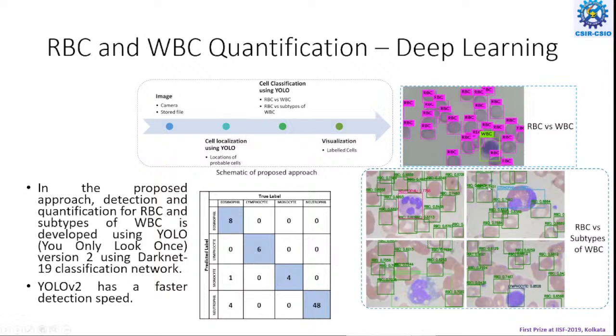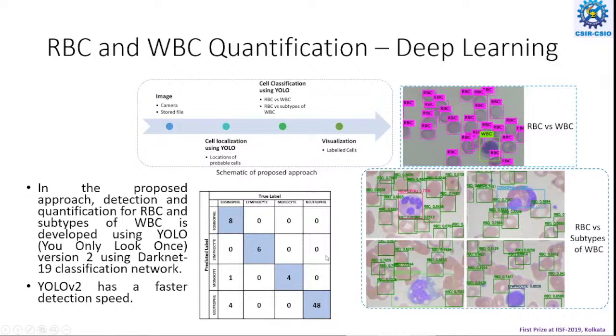From the training images we made different patches and labeled them as RBC or WBC, or different subtypes of WBC such as neutrophil, eosinophil, monocyte, lymphocyte. Then this model is used to classify a new set of images.